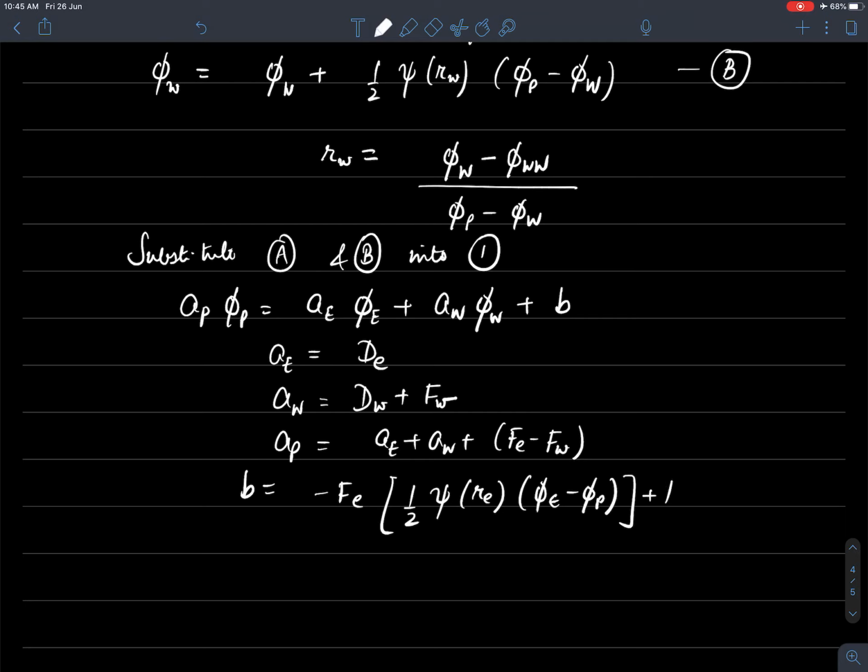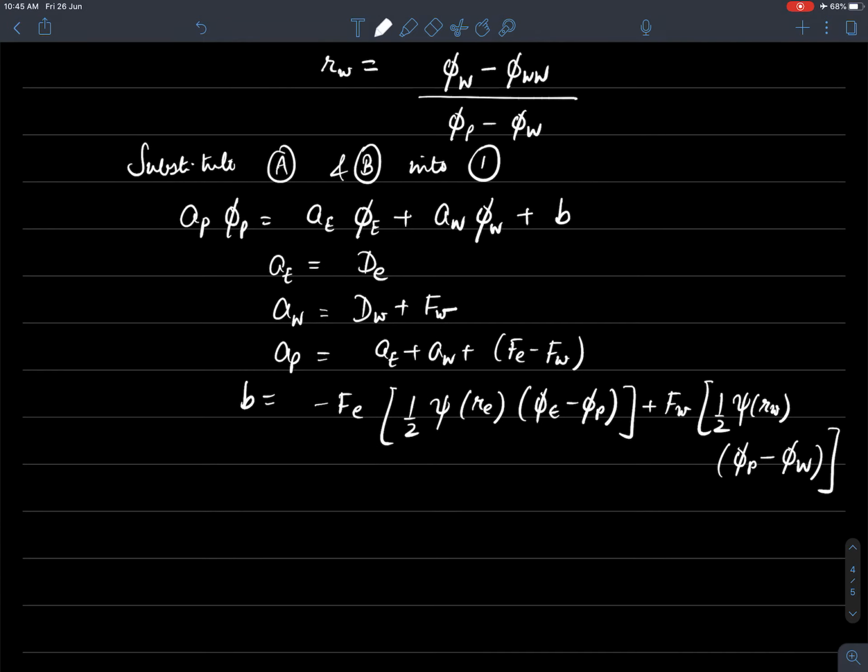phi_E minus phi_P plus F_W into half psi r_W into phi_P minus phi_W.